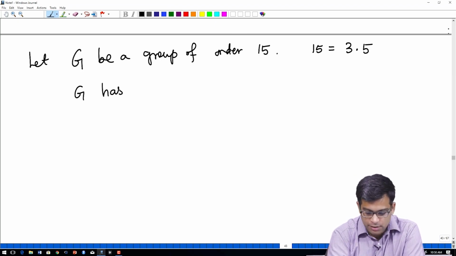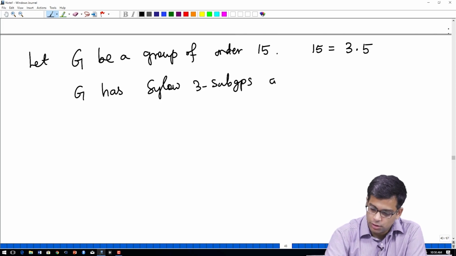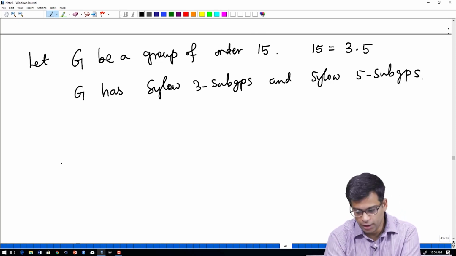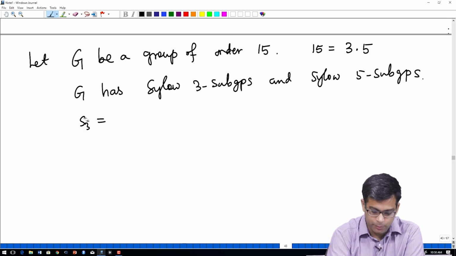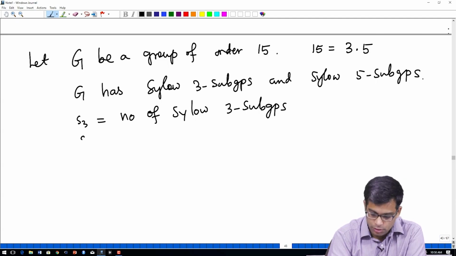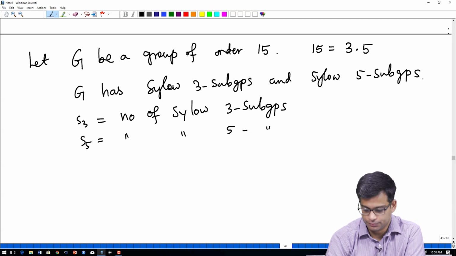So G has at least one Sylow 3 subgroup and Sylow 5 subgroup, right. Let us say small s3 is the number of Sylow 3 subgroups, and s5 is the number of Sylow 5 subgroups.